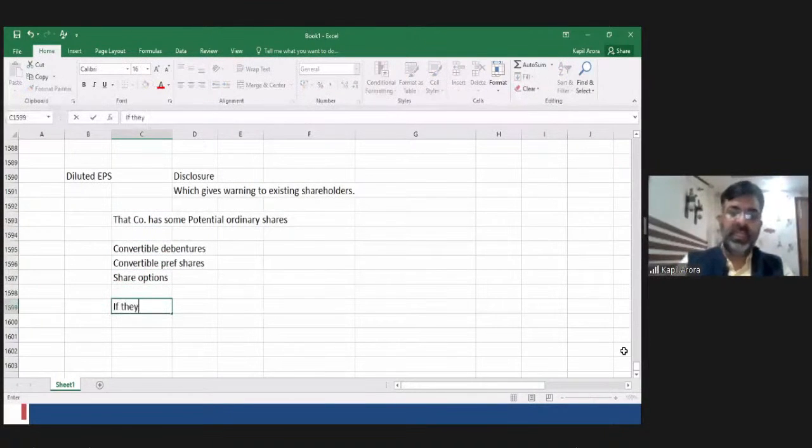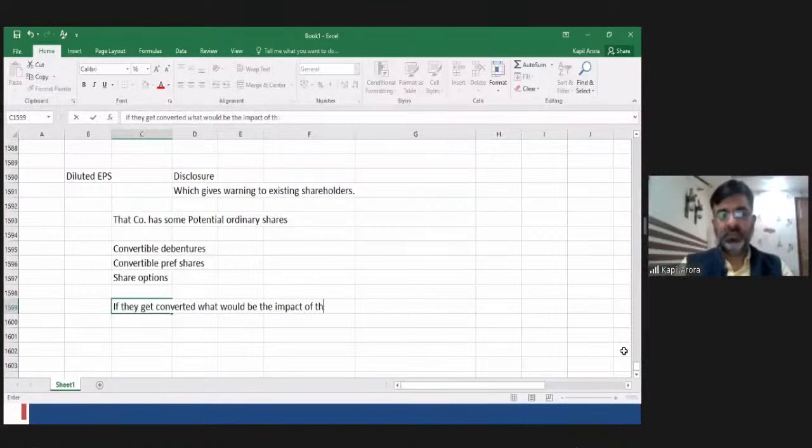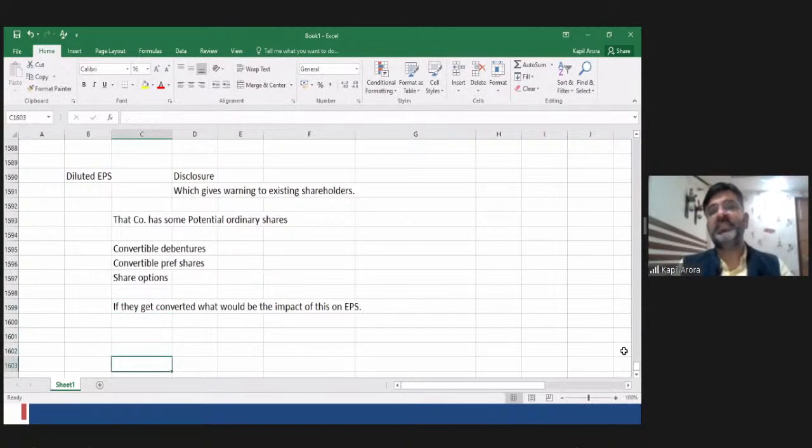If they get converted, what would be the impact on earning per share? This is something which we give as a warning.